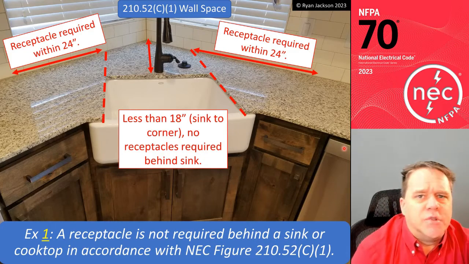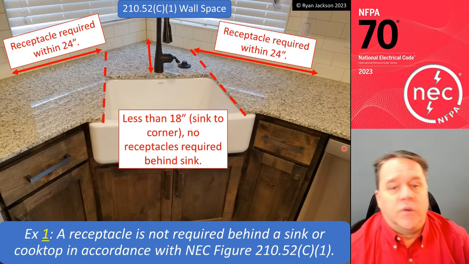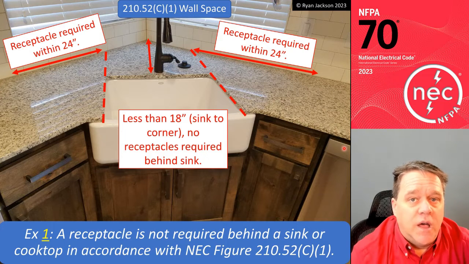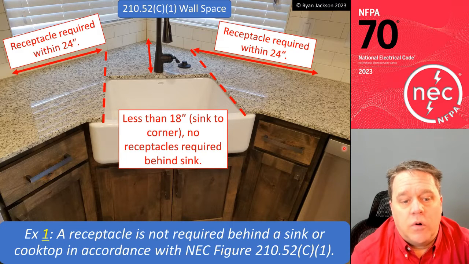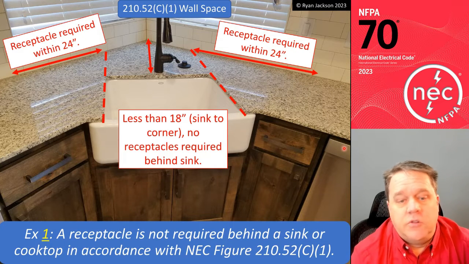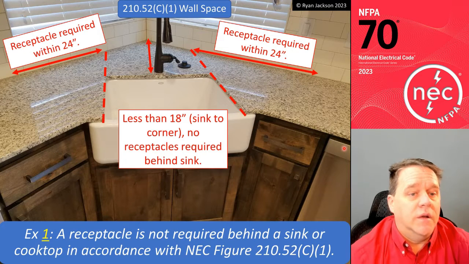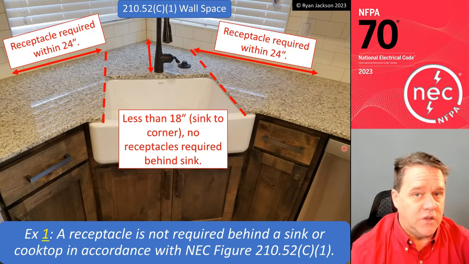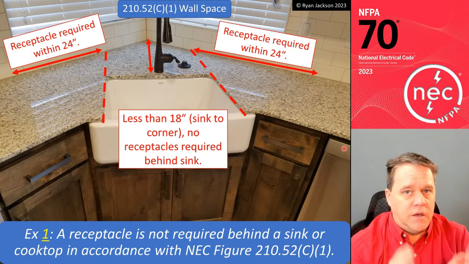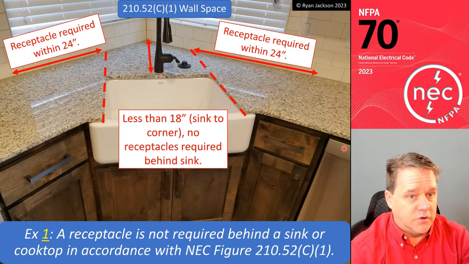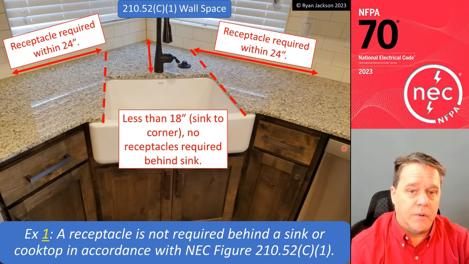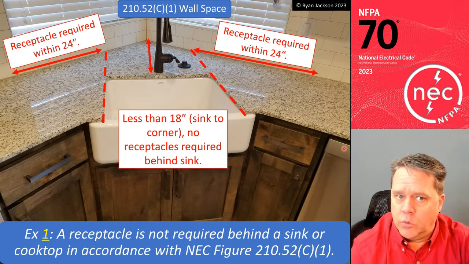We have an exception here, and this is a good exception. It says a receptacle outlet is not required behind a sink or cooktop in accordance with NEC figure 210.52(C)(1). All right, so there's a drawing in the NEC that shows a sink mounted in a corner, and it also shows a sink or a cooktop mounted on a counter, and we'll show you that.